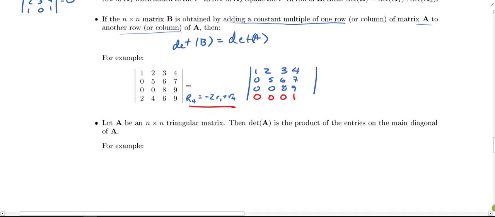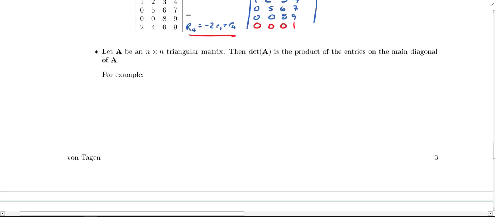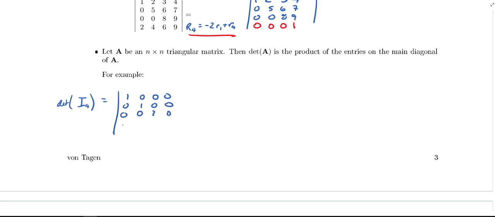If you may already see something you can do here, we'll talk about that in this next line. So this is what you saw in your pre-work: if we had the determinant of a triangular matrix, this could be upper triangular, lower triangular, or diagonal matrix, then the determinant is just the product of the entries along the main diagonal of A. So for example, if I were to take the 4 by 4 identity matrix and compute its determinant, because this is a diagonal matrix, it only has entries along the main diagonal, but that's a form of triangular matrix, so I can just multiply those entries along the main diagonal.